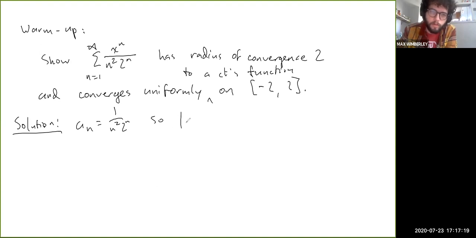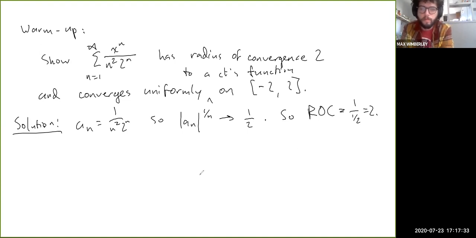So the absolute value of a_n to the 1 over n just converges to 1/2, right? So the radius of convergence is 1 over 1/2, which is 2. Okay, so that much should be hopefully pretty straightforward.